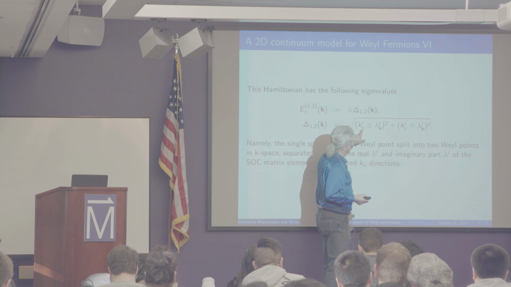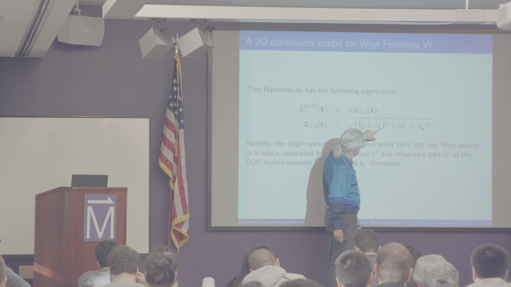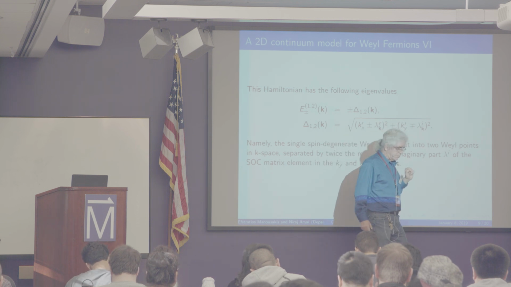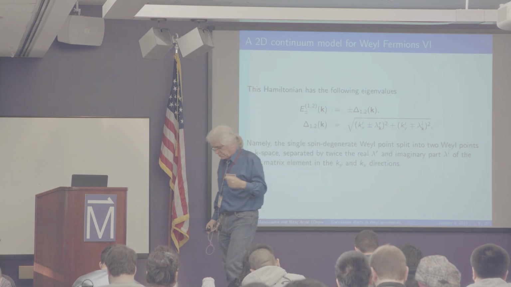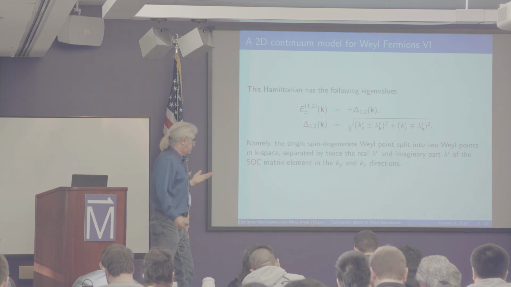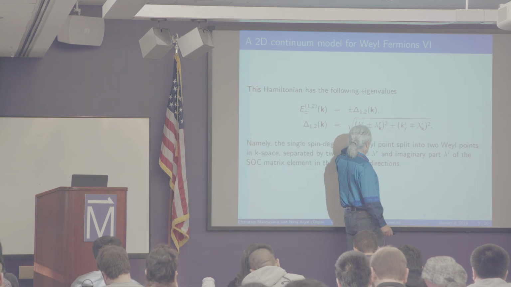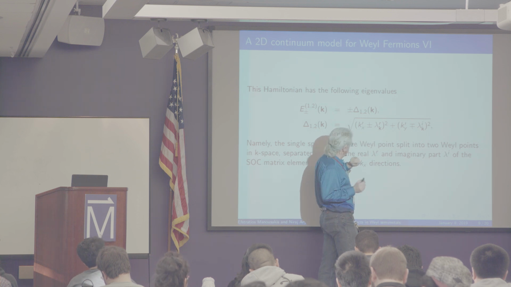The first one is minus the real part of this spin-orbit coupling, and the ky is plus the imaginary part of this spin-orbit coupling. If you don't have an imaginary part, then you don't have a shift in the ky direction, but you have only a shift by plus or minus the real part.